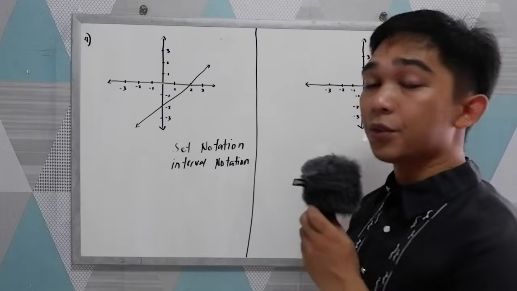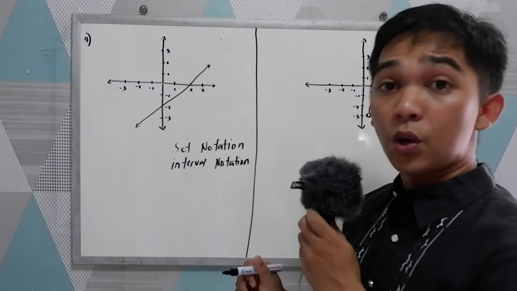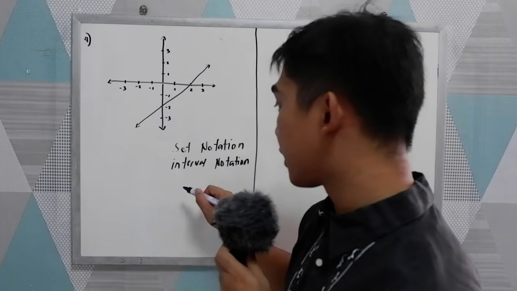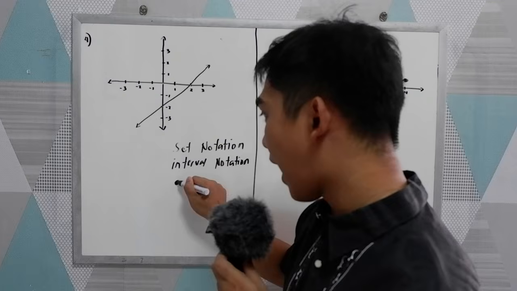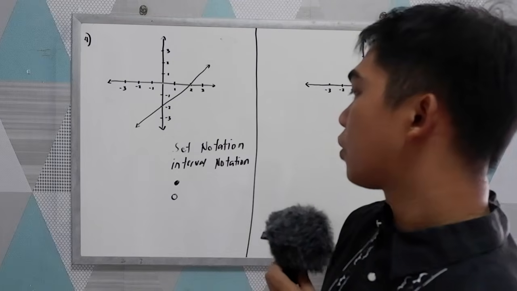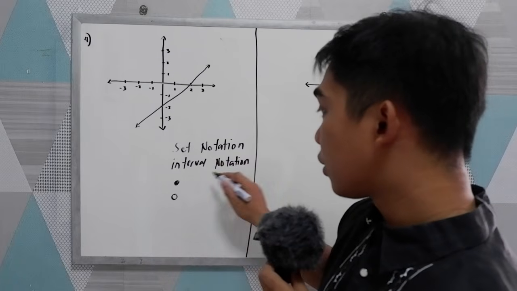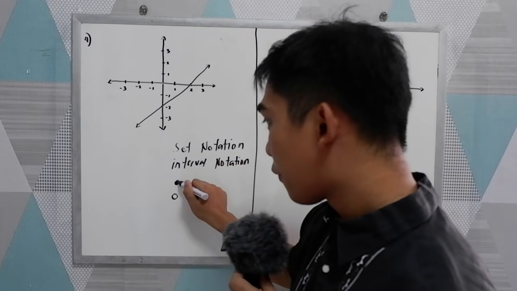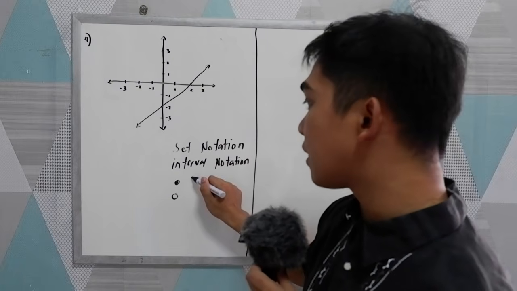For the interval notation, later on you will encounter our shaded part or shaded region and the hollow region. Okay. So if you're going to encounter these two in our notation, for the shaded part, that means that number is included.